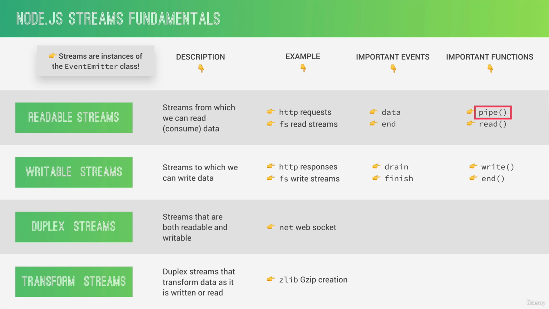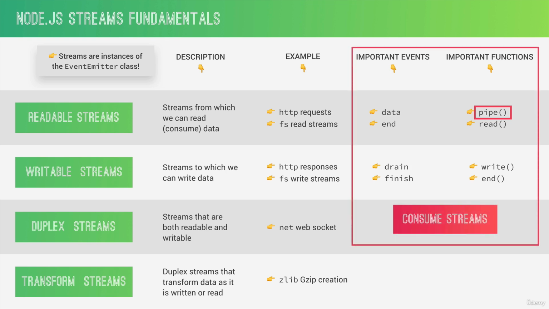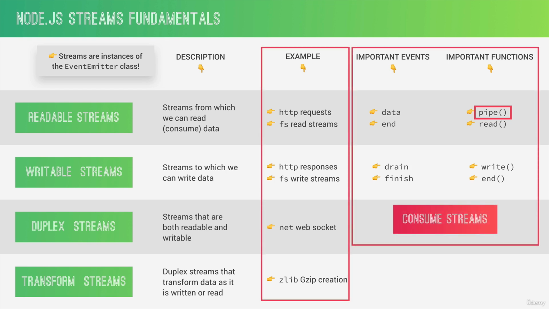Alright, and that's the 4 types of streams and a broad overview of how we can use them. Now there is something important to mention here before we move on, which is the fact that these events and functions that I showed you are for consuming streams that are already implemented, like the ones that I showed you here as our examples. So for example, Node implemented these HTTP requests and responses as streams, and we can then use them, using the events and functions that are available for each type of stream.